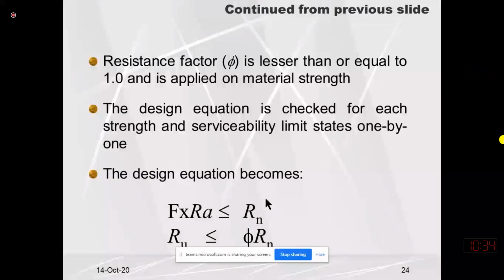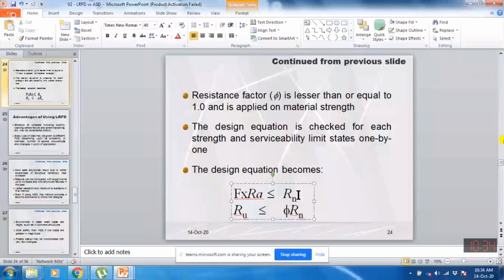So the design equation will now become like this. Let me change this equation a bit. This is supposed to be divided by F2, because I have explained it this way.